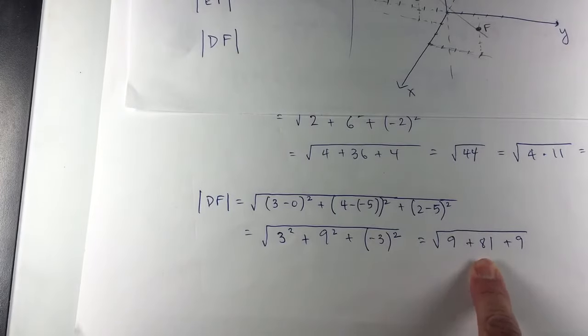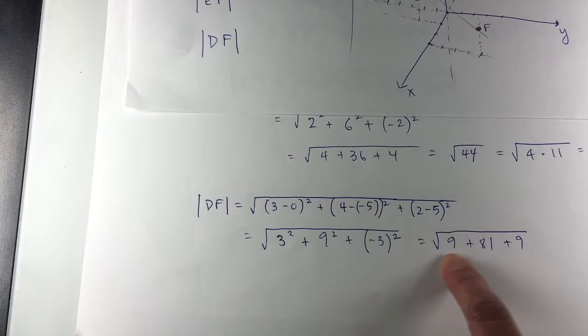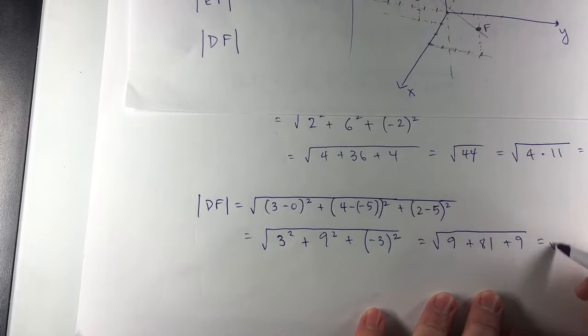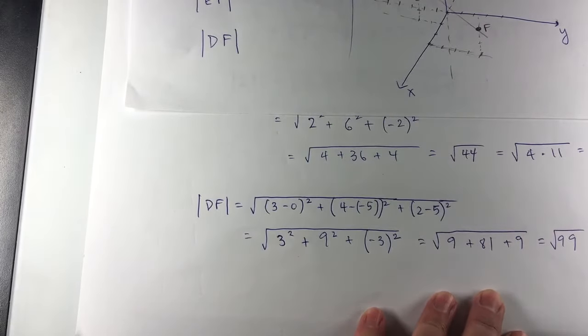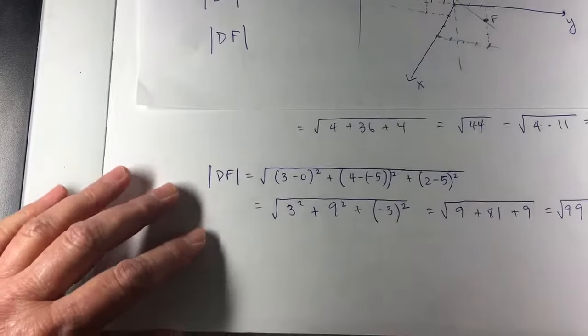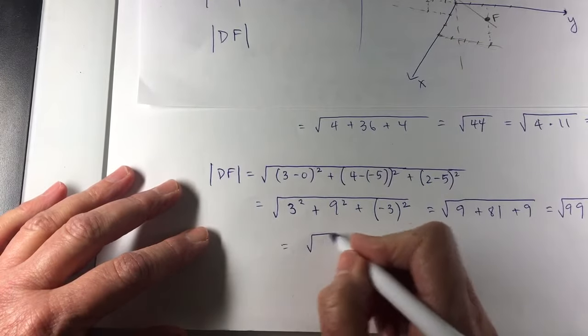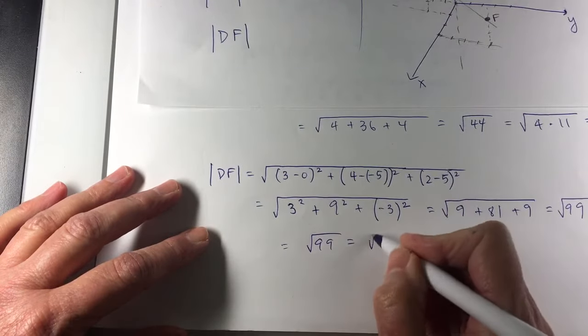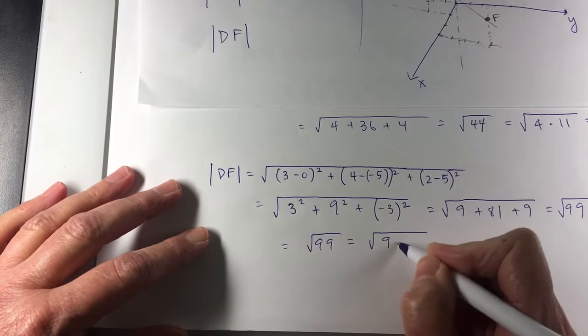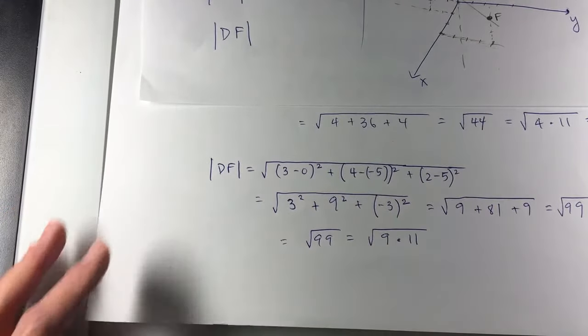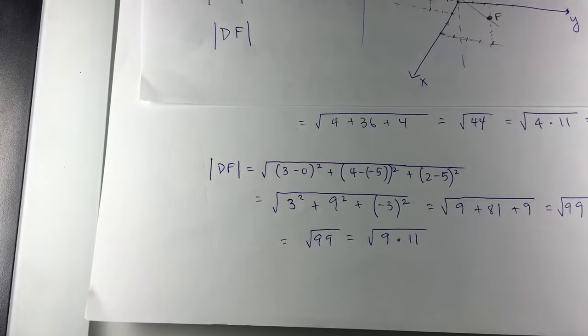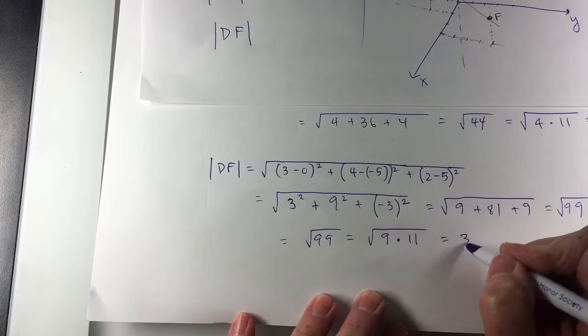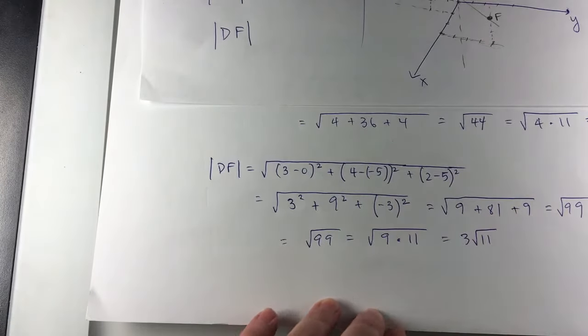That's 81 plus 18, the square root of 99. And the square root of 99, I can write as the square root of 9 times 11. The square root of 9 is 3, so this is 3 times the square root of 11.